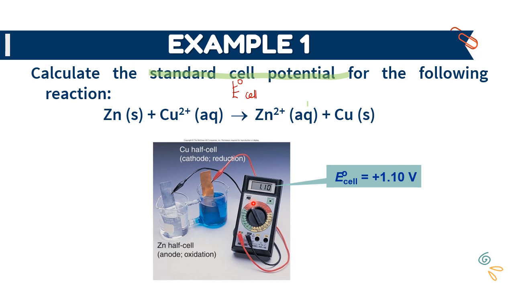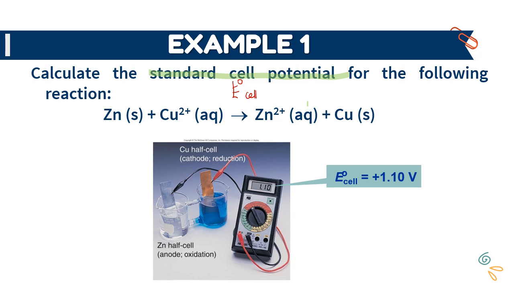From the question, you are given zinc solid plus copper 2 plus aqueous to produce zinc 2 plus aqueous and copper solid. So what you need to do from the equation is find which half equation belongs to anode and which half equation belongs to cathode.